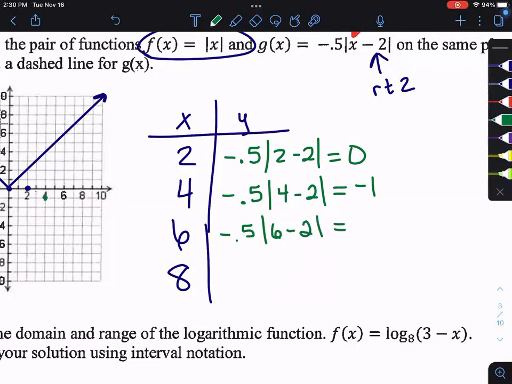The absolute value of 4 is 4. 4 times negative 0.5 is negative 2. So I'm going to graph the ordered pair 6, negative 2. 8 minus 2 is 6. 6 times negative 0.5 is negative 3.